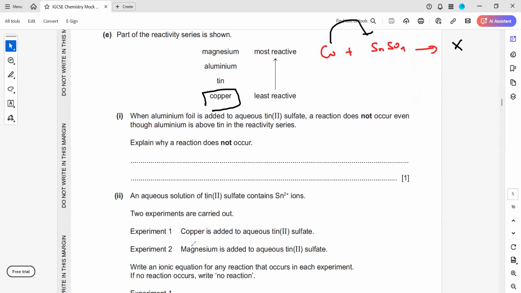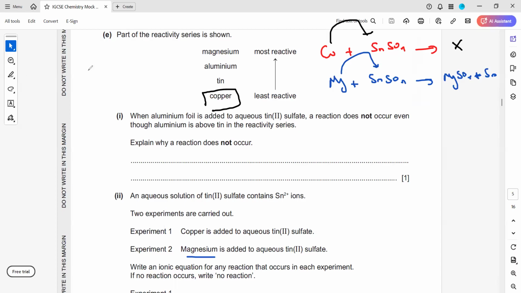But when you add magnesium to tin sulfate, magnesium will displace, and as a result it will form magnesium sulfate and tin. This is an equation. But what about the ionic equation? Always the more reactive metal can exist as an ion.